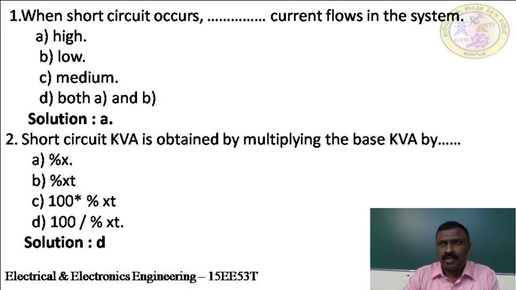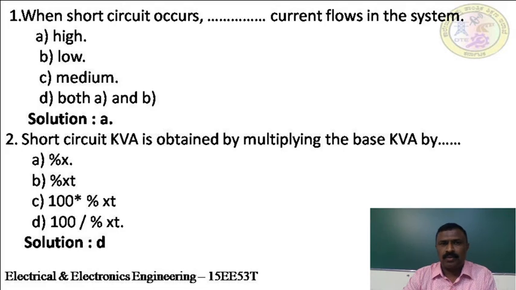The options are first high, second low, third medium, and the fourth is both A and B. Whenever the short circuit occurs, ISC can be given as V by Z. When you have a fault or short circuit, the denominator parameter Z becomes low, and a huge amount of current will flow through the system.